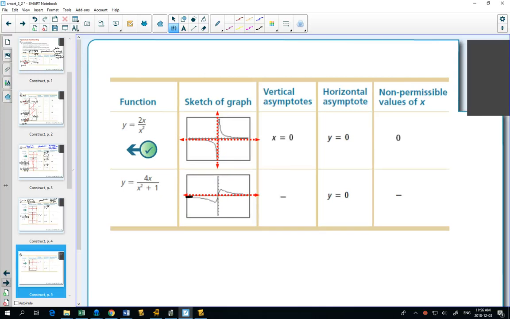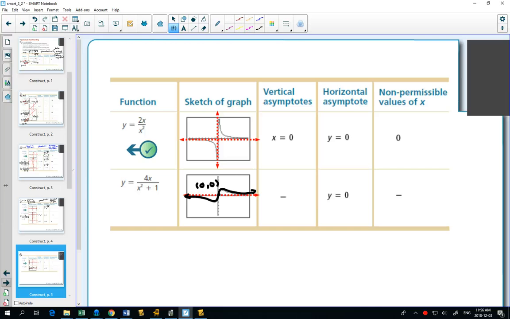And then you have issues with the last one, because the last one does go through an asymptote there. There is no hole. It has the point 0, 0. In fact, if you plug in 0 for x and simplify this, can you see that you would get 0, 0?